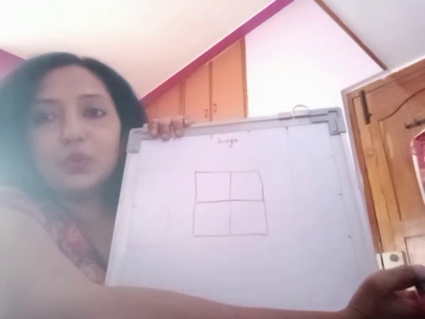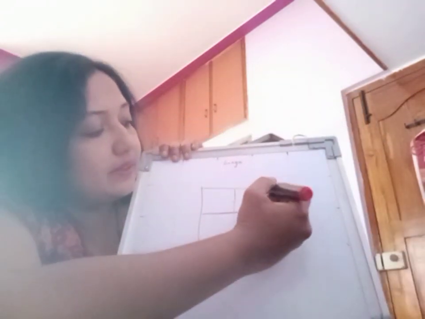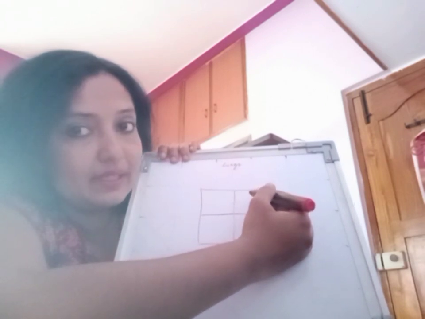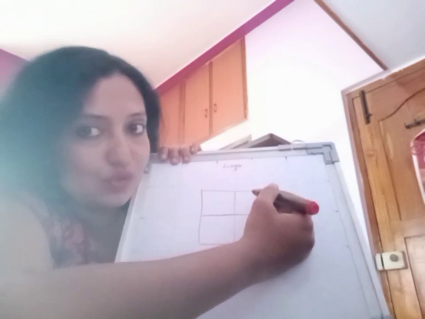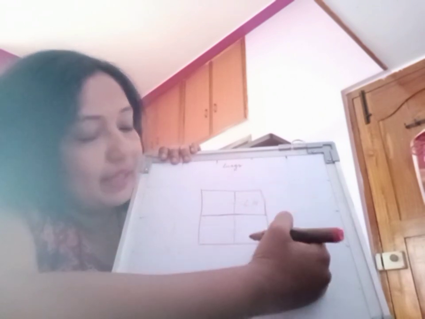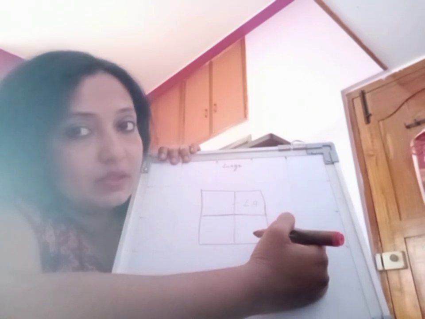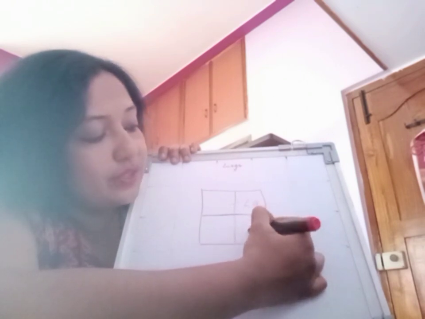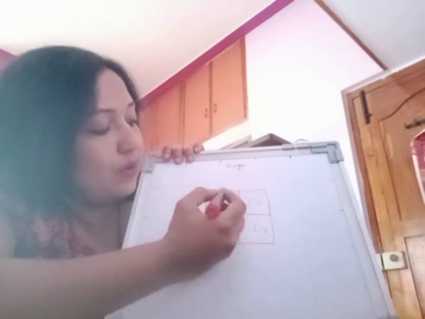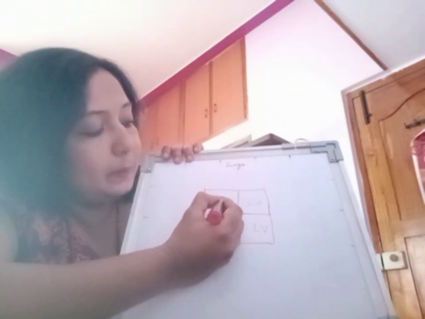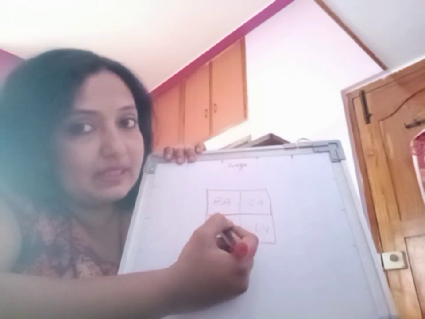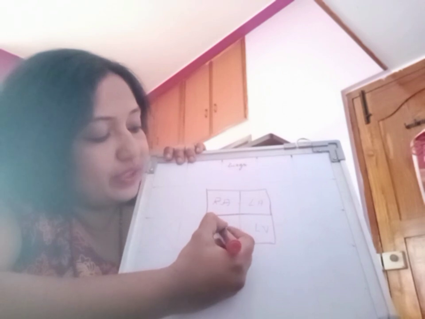In this diagram, the left side of the heart has the left atrium at the top and the left ventricle below it, and the right side of the heart has the right atrium at the top and the right ventricle below it.